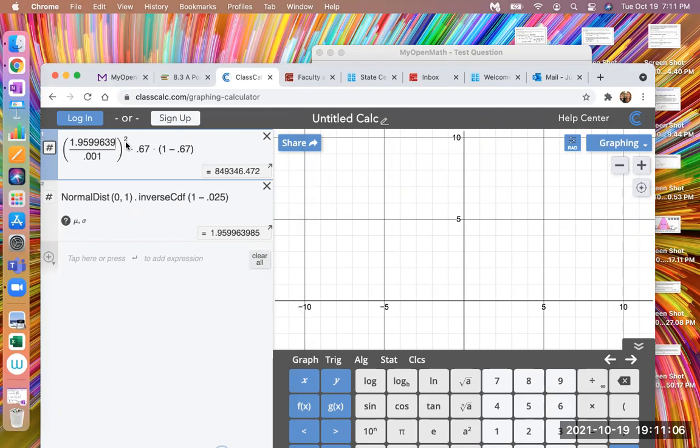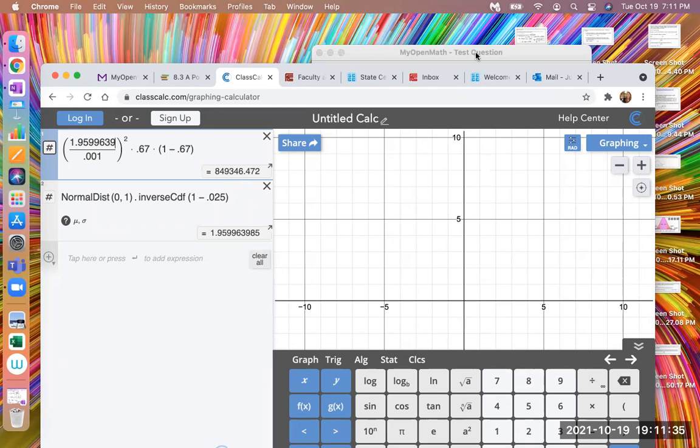I do wonder, you have that Z chart, maybe they're using a Z chart. I feel like the normal typical thing would be to round this to 1.96. So I am surprised that they're getting this slightly different answer from us.